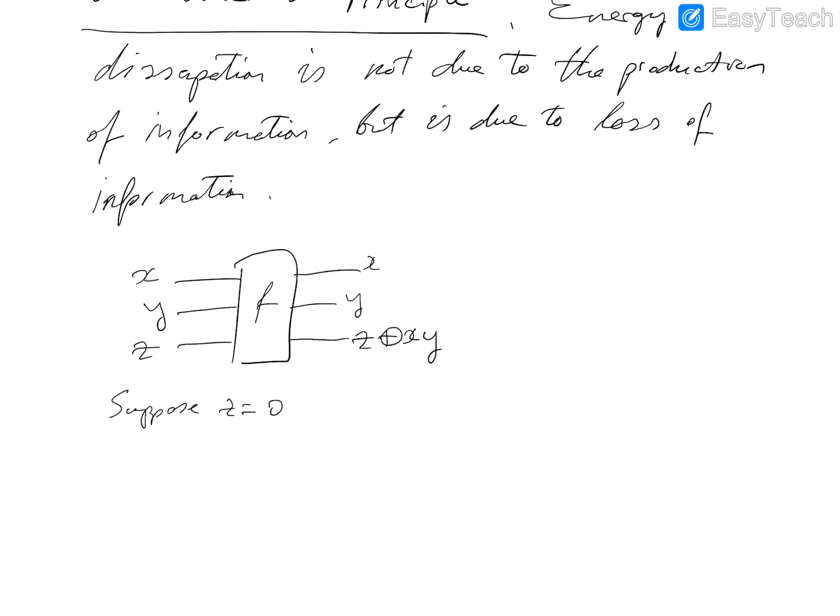Apparently f computes xy, right? Because 0 XOR xy equals xy, so this is the output. So this computes AND. So this is the output of the AND function. But then these two bits are junk, right? There's no need to produce these. So we do not want any junk information in the output, and the reason will become clear in a moment.